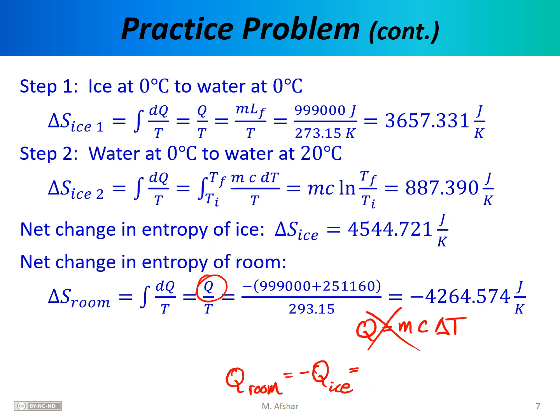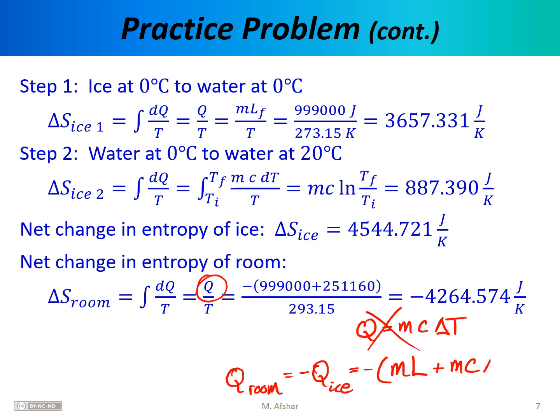Now, what is the amount of heat that the ice acquired in this process? Well, it's a two-step process for the ice. In the first step, there is a phase change, so the amount of thermal energy that enters the ice is ml in step number 1. And step number 2, it's a temperature change process.